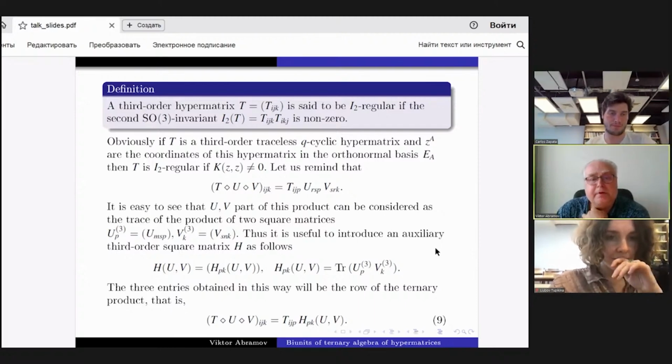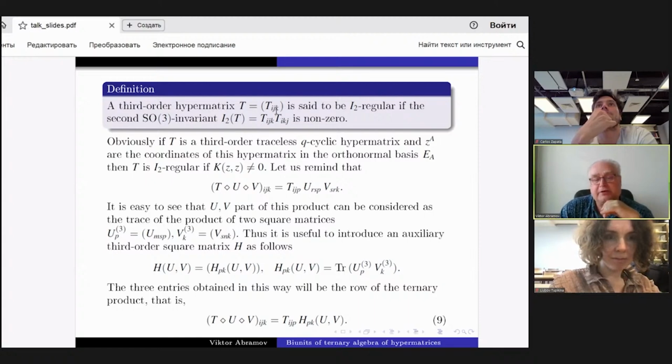Now, I call the hypermatrix I regular if the second invariant is non-zero. So it can be calculated like this, or if I wish to calculate it, I have an identification. Each hypermatrix is parameterized by these 5 coordinates. I can calculate it in coordinates.